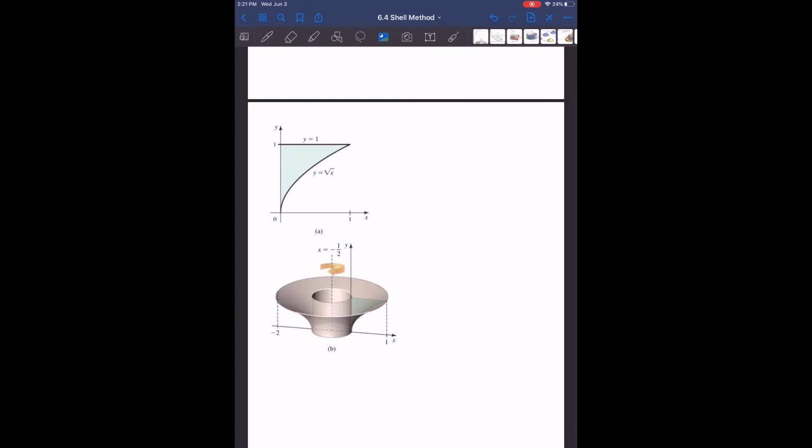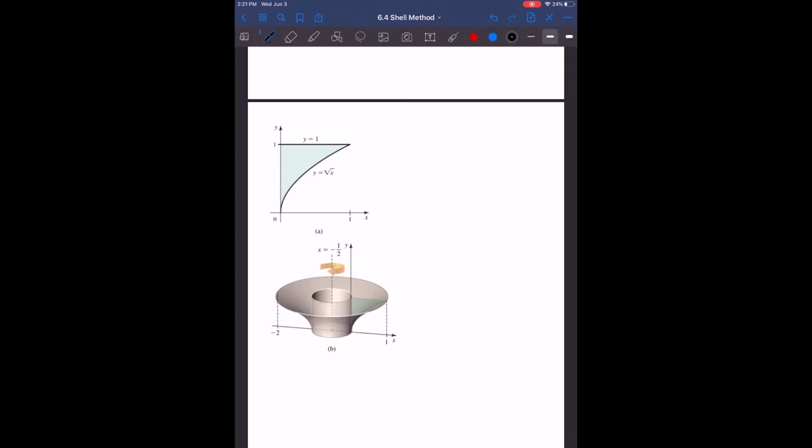We're revolving around a new line. We're revolving around not just x equals 0 or the y-axis, but this shifted line. Furthermore, we're going to have to be using the shell method. So we're not going all of the way to the line x equals negative 1/2. We're just going from that line to 0.